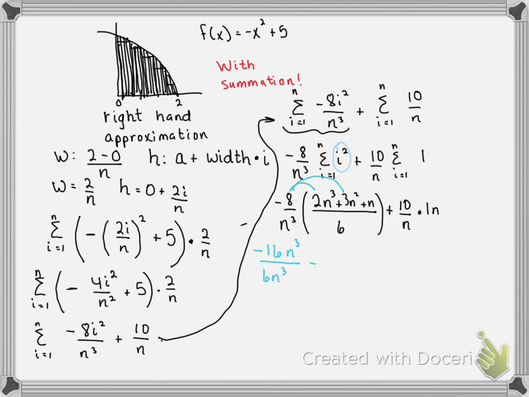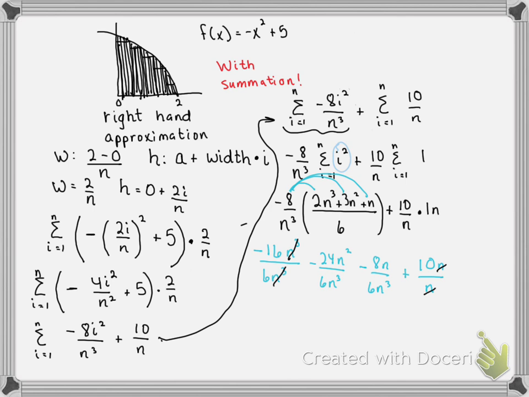Then we will do negative 24n squared over 6n cubed, minus 8n over 6n cubed, and then plus 10n over n. Now, remembering our algebra, n cubes cancel out and n's cancel out.